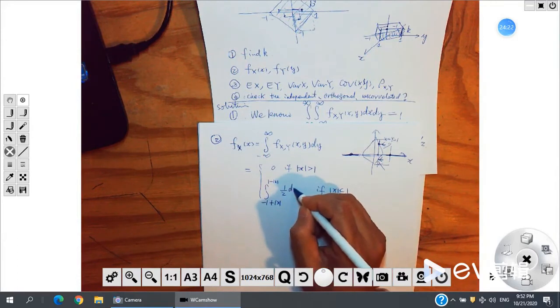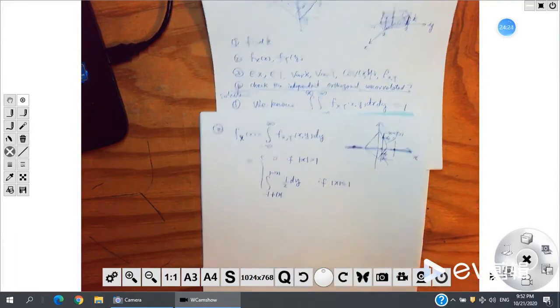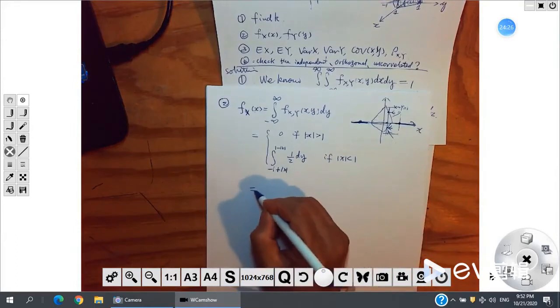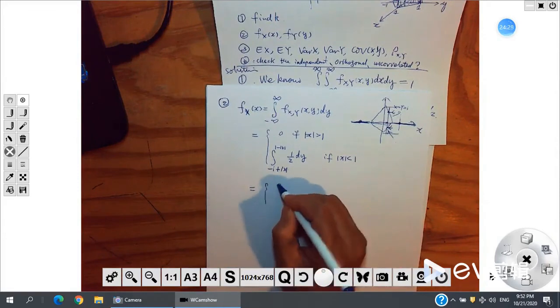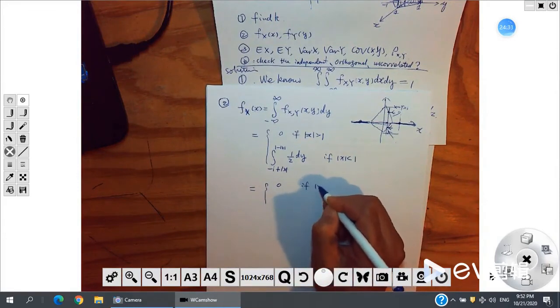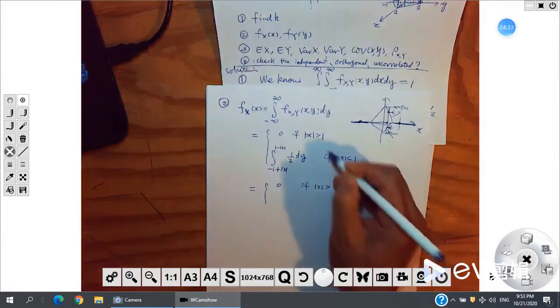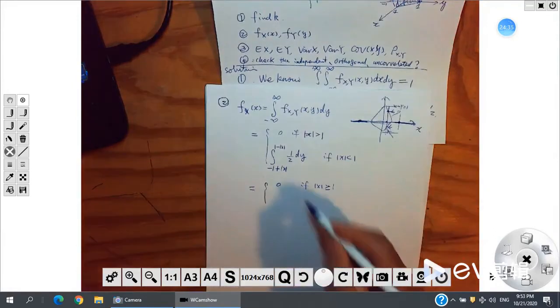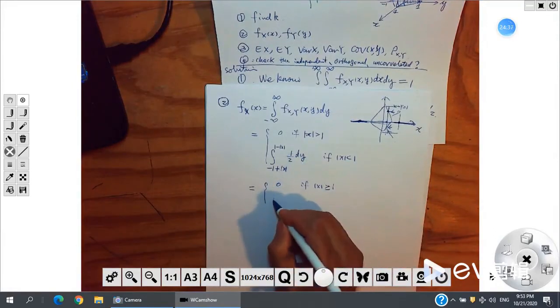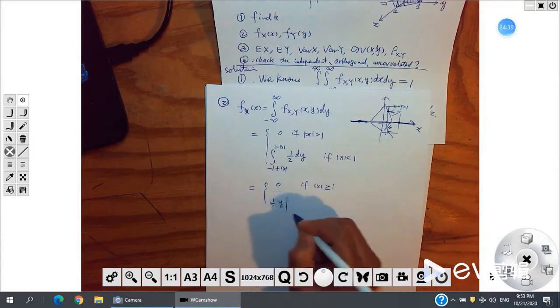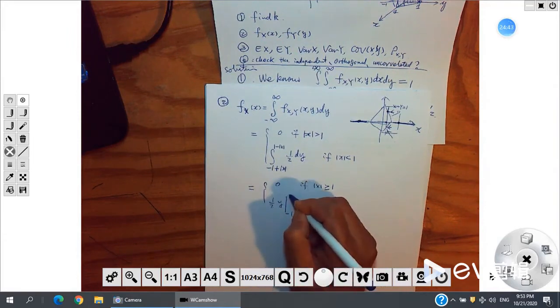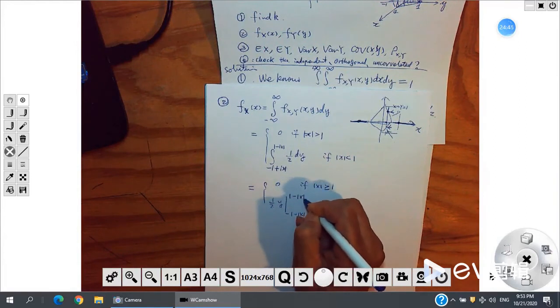All right, and this will be 0 if the absolute value of x is larger than 1, and maybe equal, right? And this one, do the integral, I have half of y, and y will run from negative 1 plus the absolute value of x to positive 1 minus the absolute value of x.